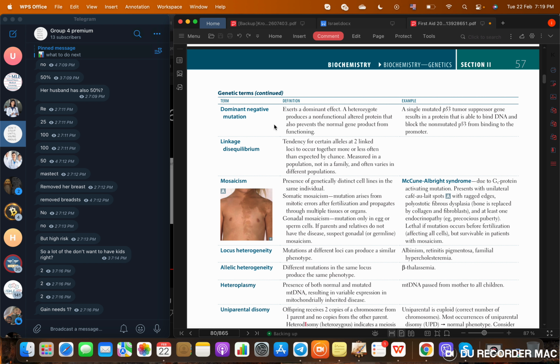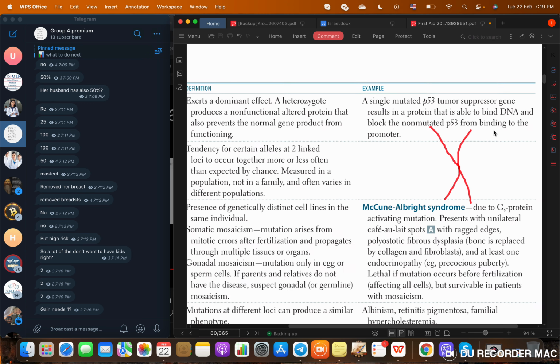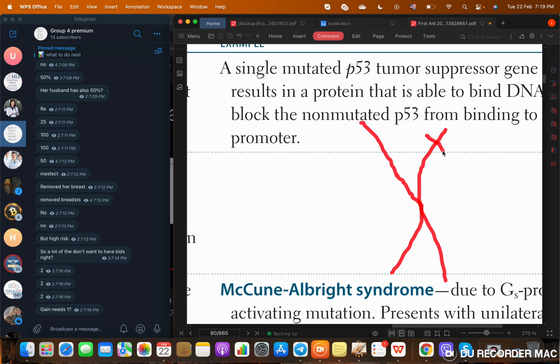Linkage disequilibrium. We know that we have 22 somatic chromosome pairs, which means 44. So let's think about 22 for now. If we take one of them and take a look at it, it has this structure. Let's say, I'm not sure, I'm just giving an example, that disease 1 is here, like diabetes mellitus, and disease 2 is here, like hypertension, right?